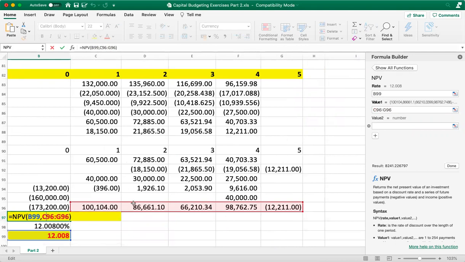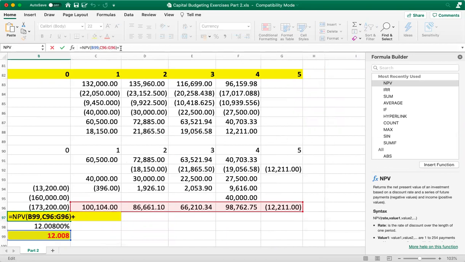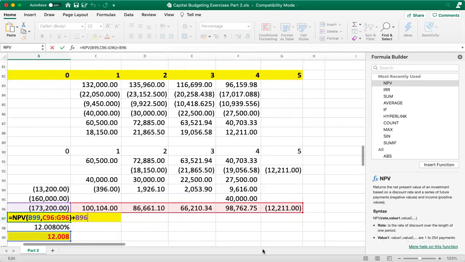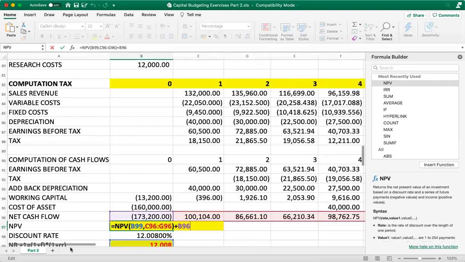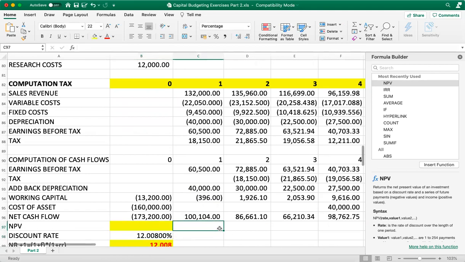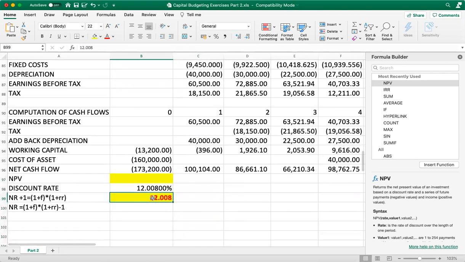Now, we've picked the cash inflows. Now we want to pick the initial investment. So you come here and say add the initial investment, which is negative 173. There is a mistake. I don't know where the mistake is coming from, but there is a mistake because I didn't put percent here.